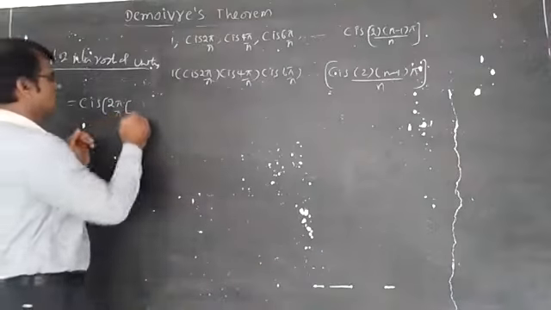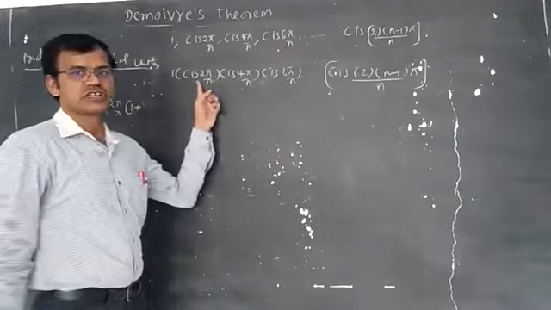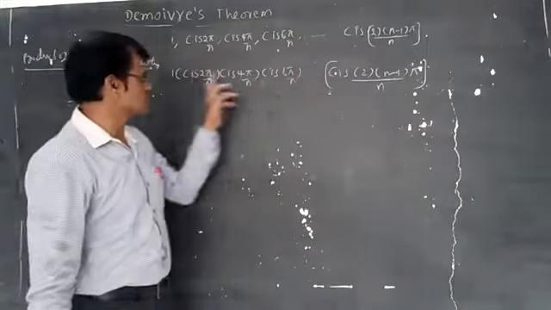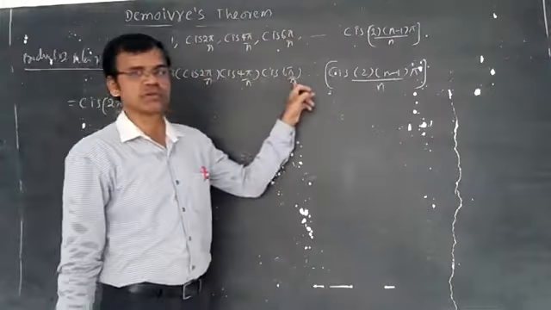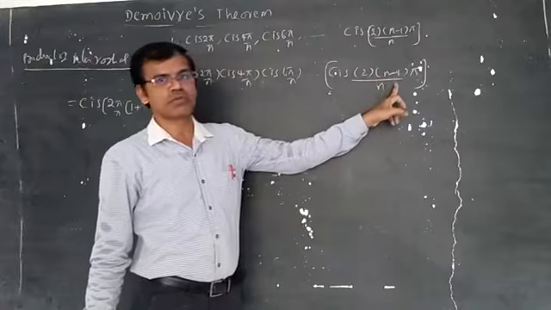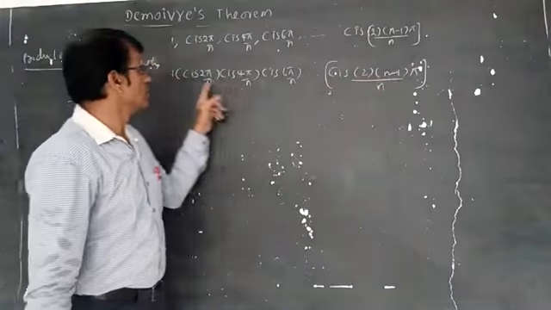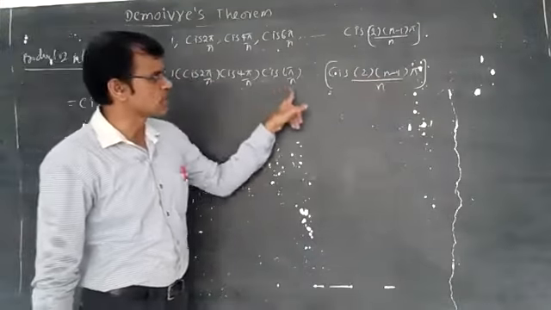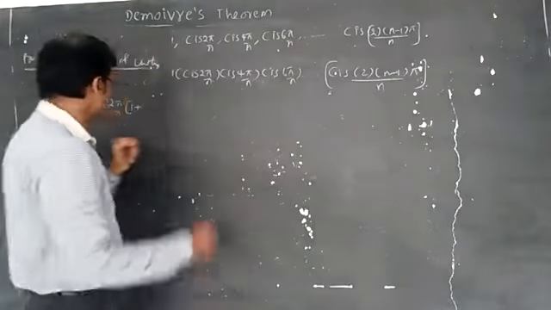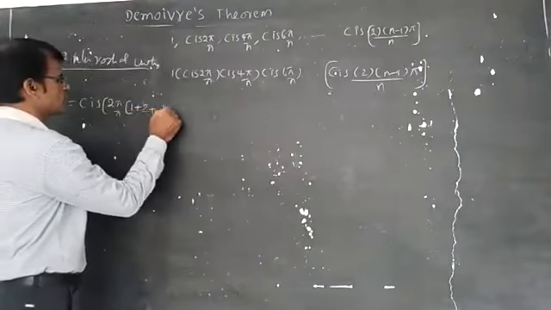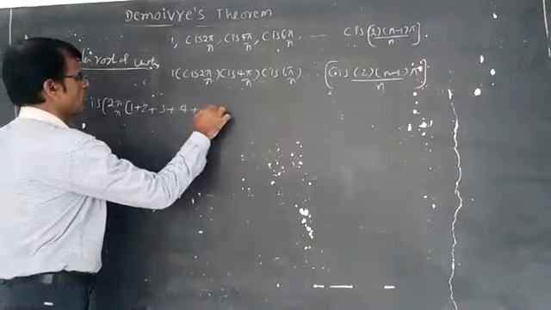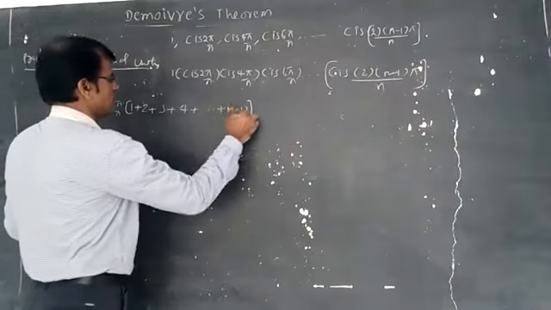Now you can write here 1 plus 2 plus 3 plus so on until n minus 1. It becomes 1 plus 2 plus 3 plus 4 plus so on until n minus 1.